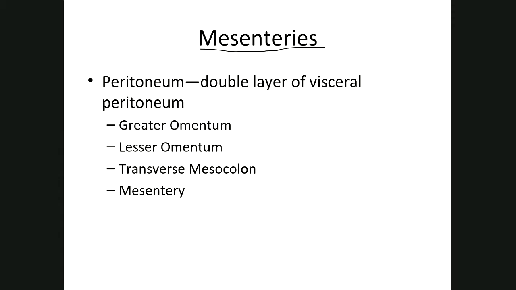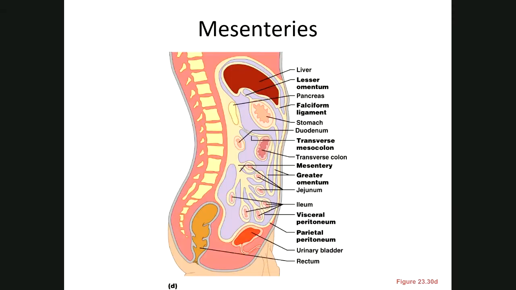So mesentery is actually very, very important because what it does is it suspends the organs in the abdominal cavity. A good analogy for this would be a clothes hanger. Think about a clothes hanger that you have in your closet. It's what you hang your clothes on.